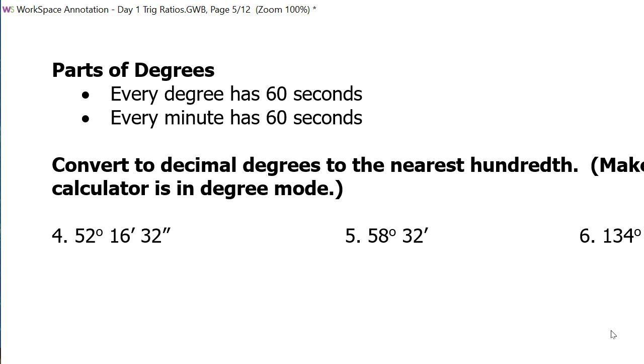Now, on the next page, this is pretty much all calculator work from here forward, so we need to make sure we can operate these calculators. A degree can be broken up into minutes and seconds.